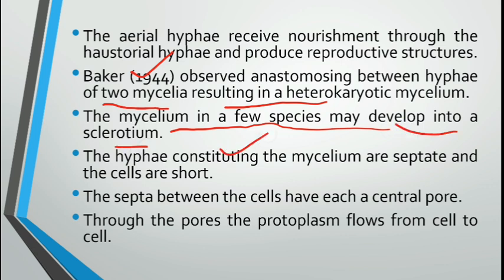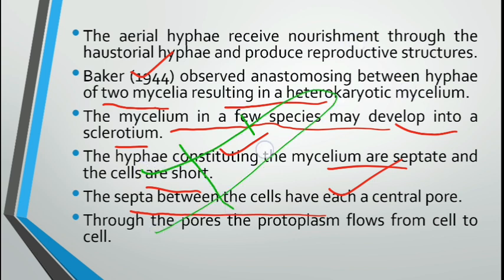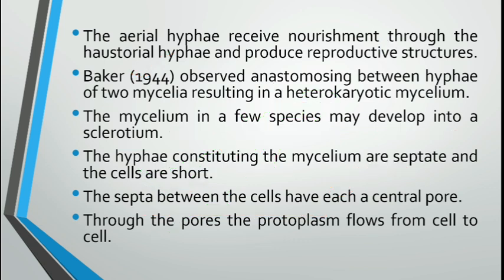The hyphae constituting mycelium are septate and cells are short. The septa between cells have a central pore between them. That means when they have cross walls, these walls have a central pore that connects two cells. Through the pores protoplasm flows from one cell to another cell.